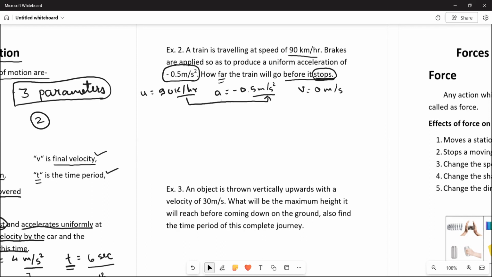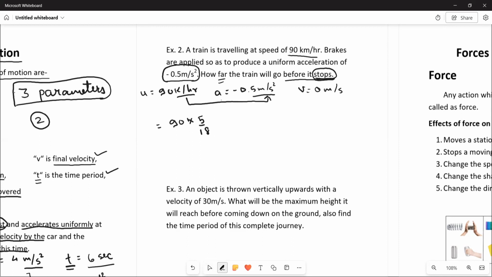To do this, to convert kilometers per hour into meters per second, we have one formula: we will multiply this 90 kilometers per hour with 5 upon 18.